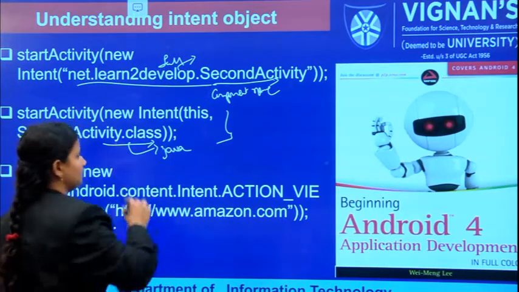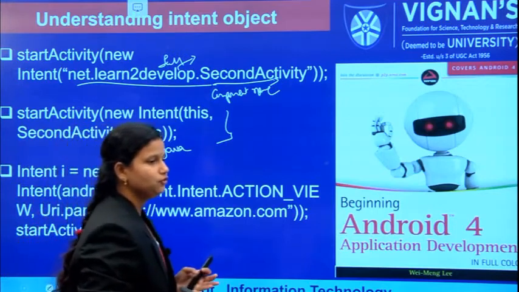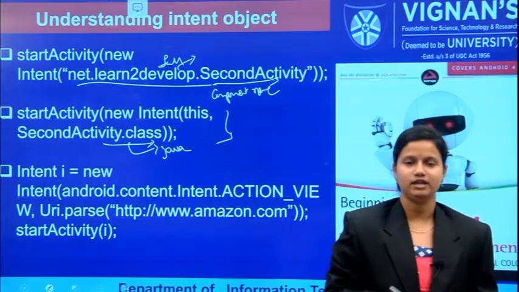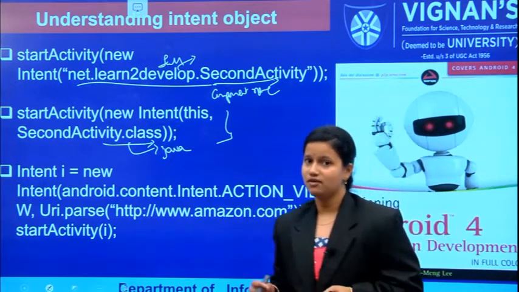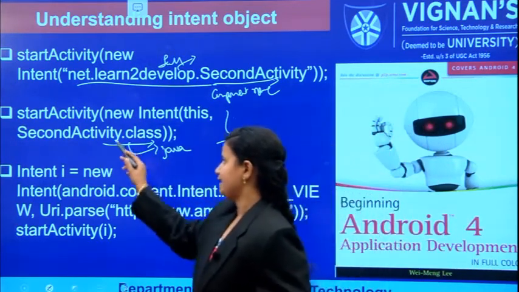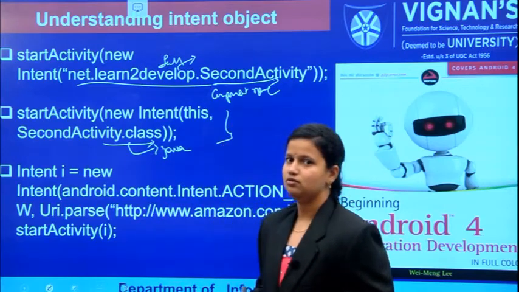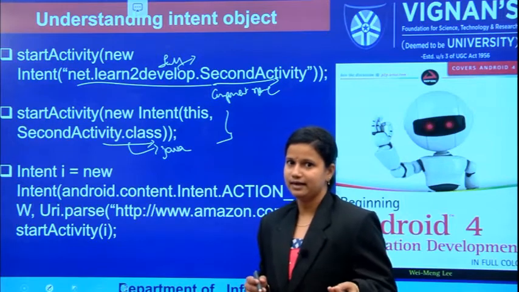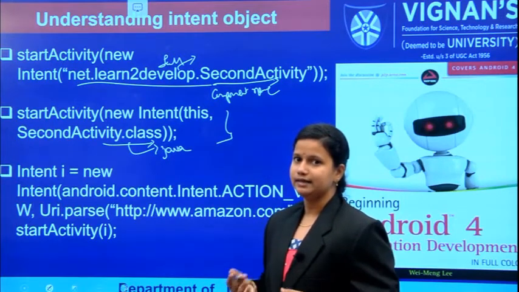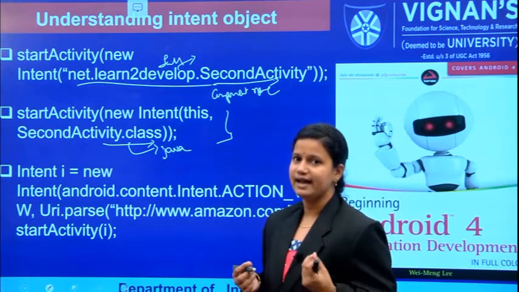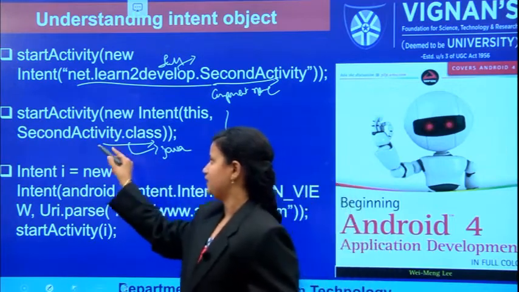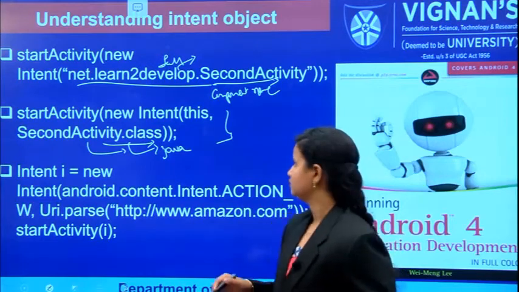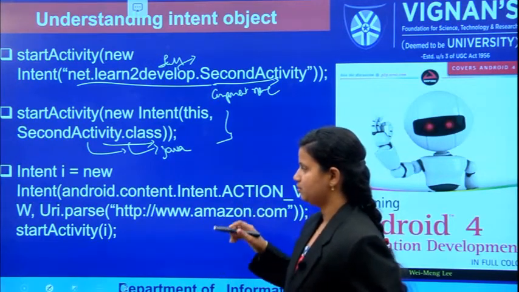If you are in the present activity and move on to the second activity, the Java file is SecondActivity.class. Whatever the target activity is, the target activity name is to be provided in startActivity.